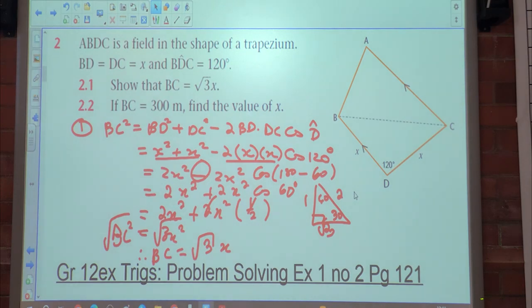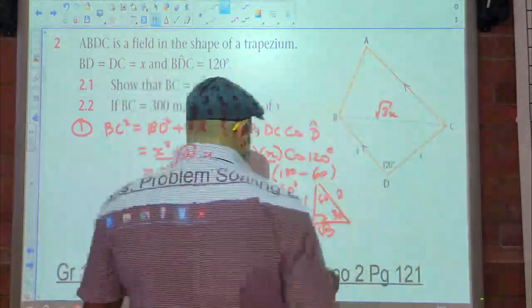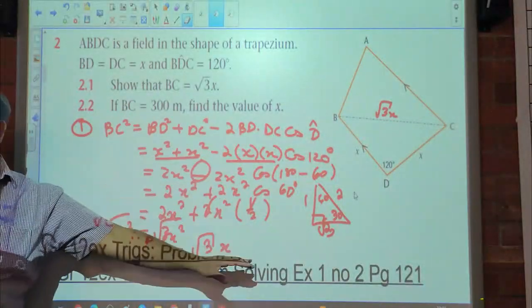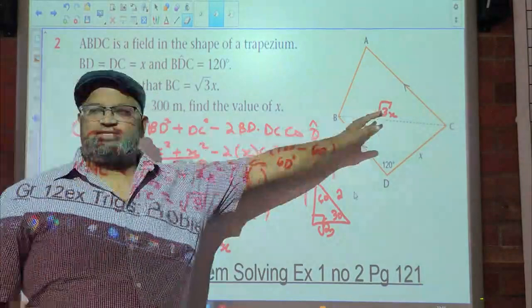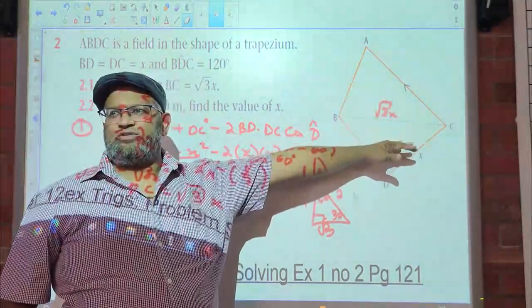Saying it yourself, life can't be this boring. Let's spice it up. Right, so of course this is going to be root 3 x. Now say for argument's sake, you didn't manage to solve this. Then what you do is you write the root 3 x there and use it as if you have solved it.